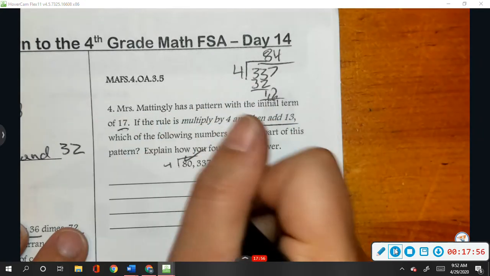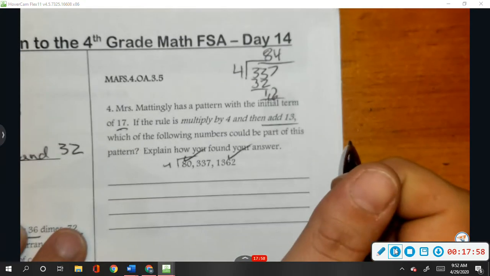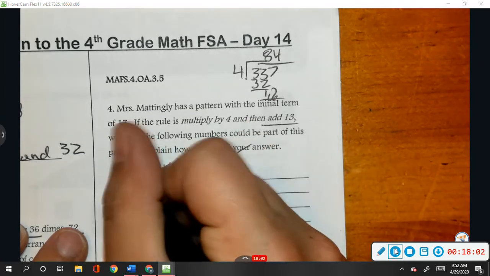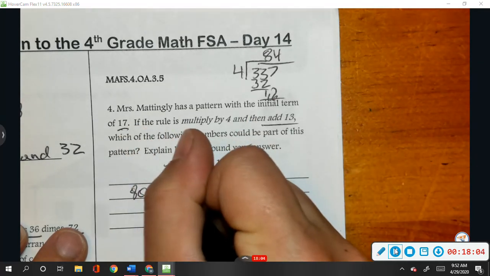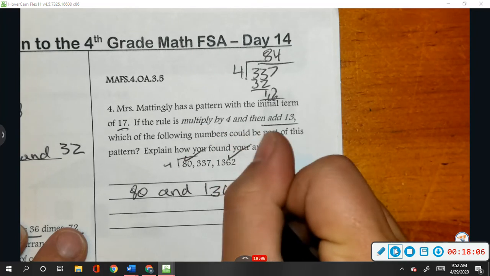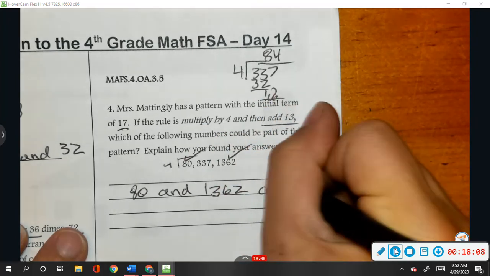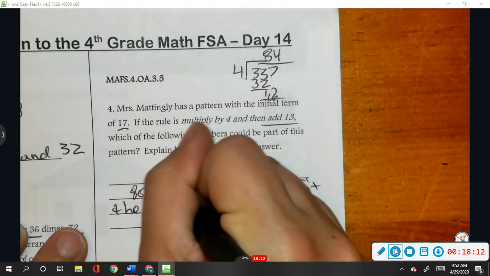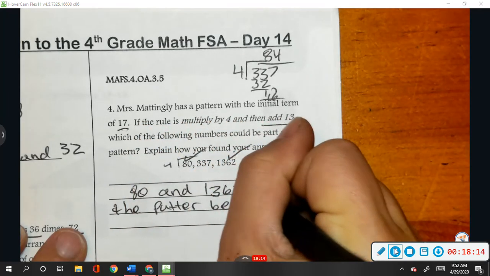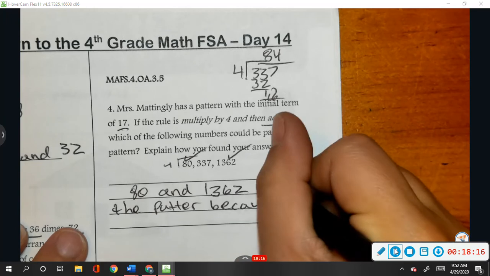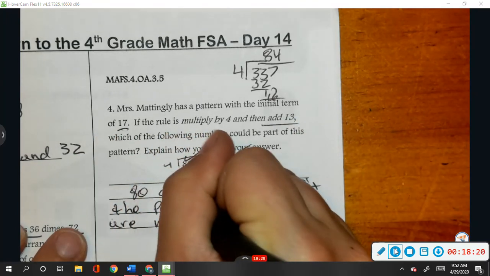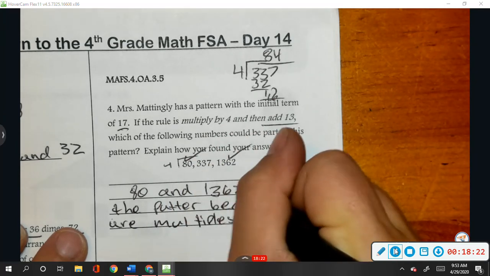So we would say, which of the following numbers could be? So 80 and 1362 can fit the pattern because they are multiples of 4.